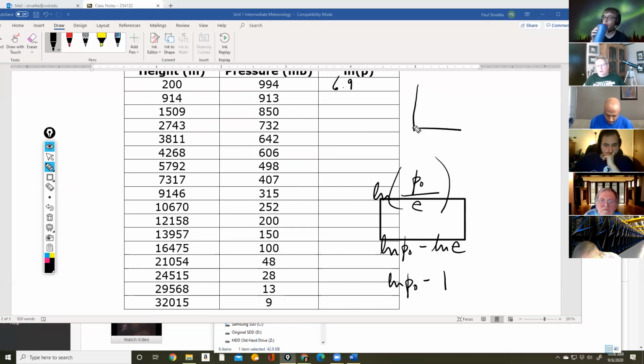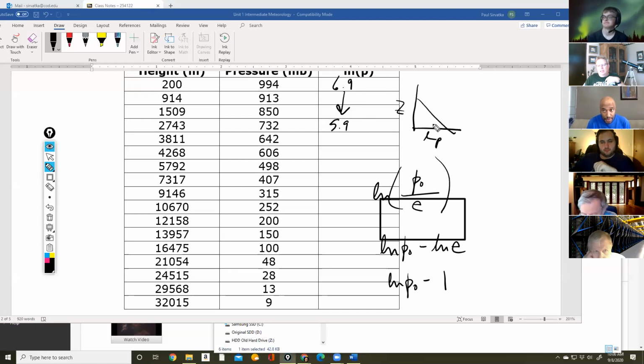And the nice thing about a graph is a natural log. If pressure decreases exponentially, then the natural log should decrease linearly. So I'm going to look for when it drops to 5.9. And then I look at a graph, height versus the natural log of P, and I'm like, there's where I'm going to find it, at that intersection point.